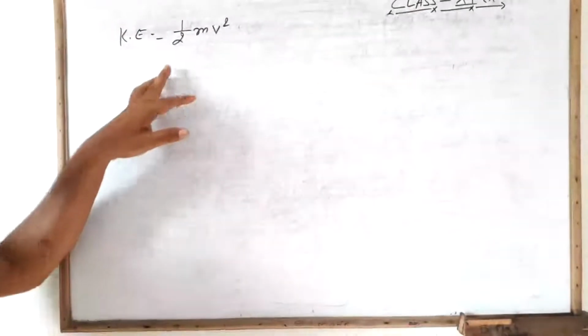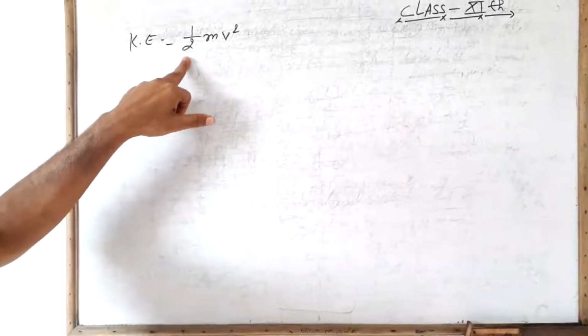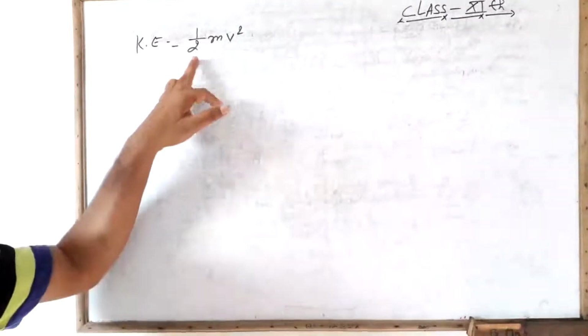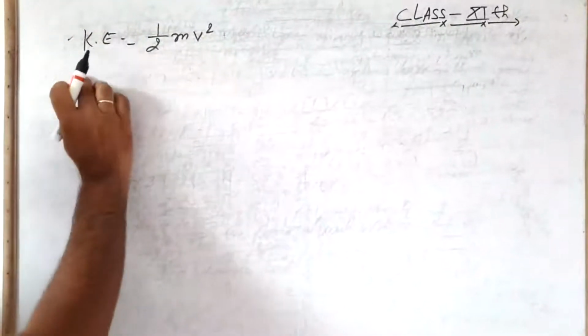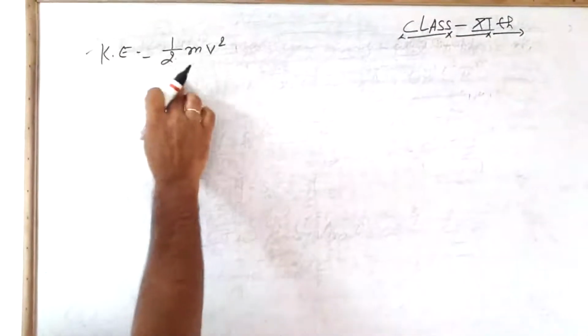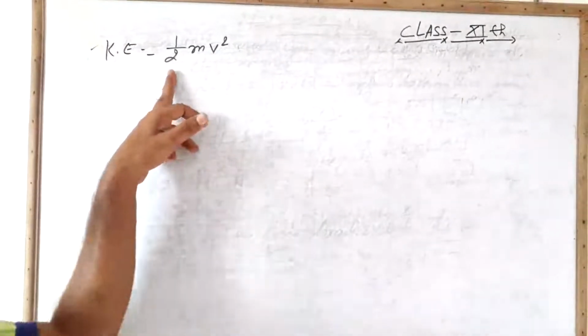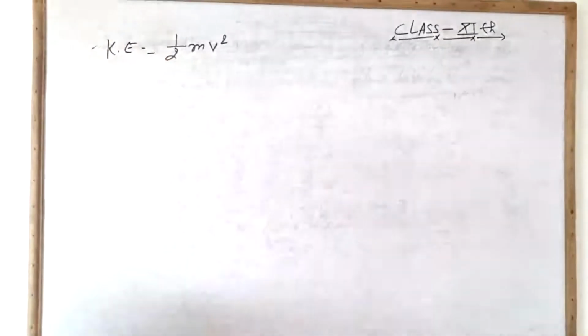One important thing, students: here the half means constant. All constants are dimensionless, it means that they have no dimension.